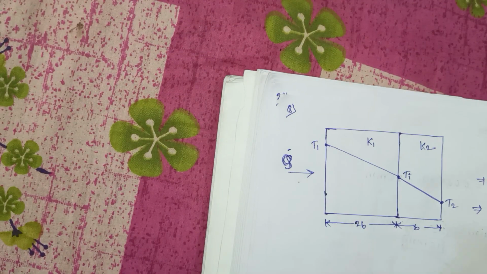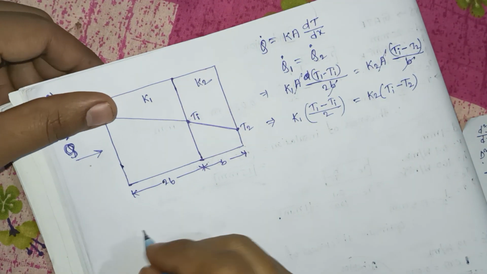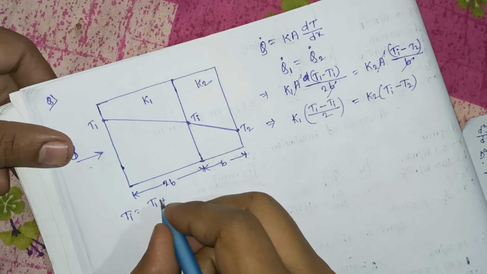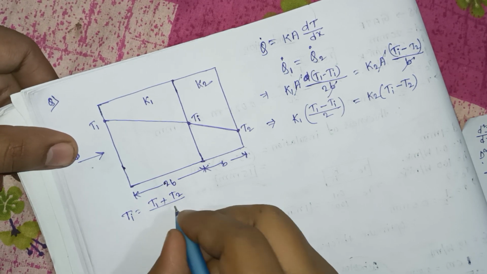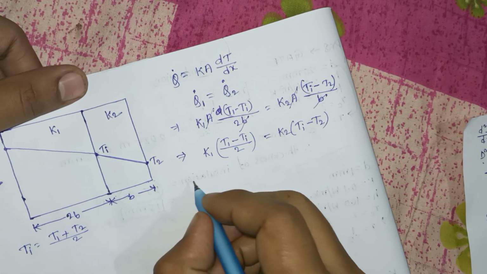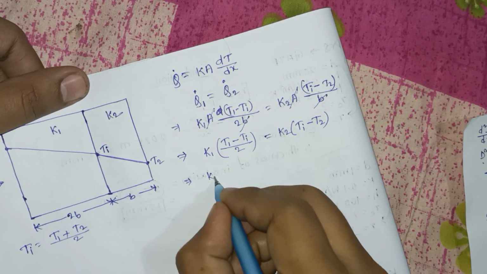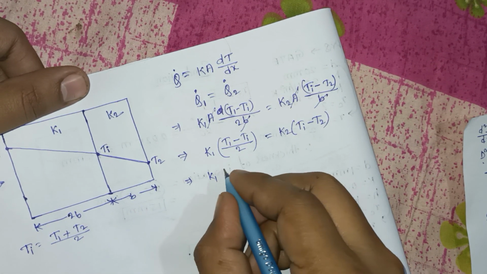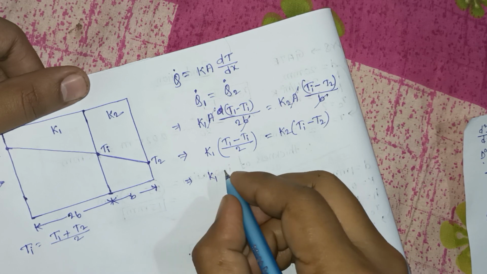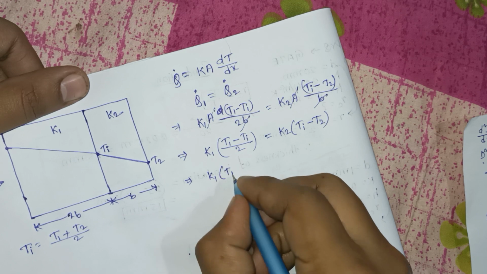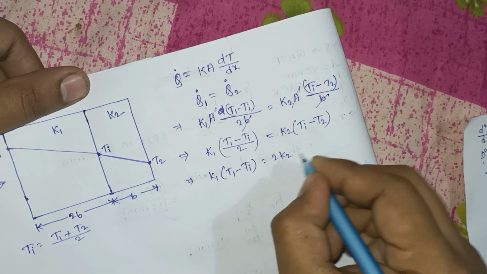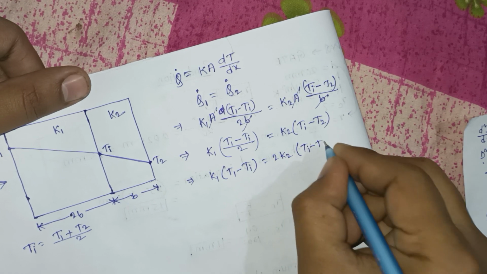So Ti is equal to T1 plus T2 by 2. Okay, so if you put the value here, K1 into T1 minus Ti is 2K2 into Ti minus T2.